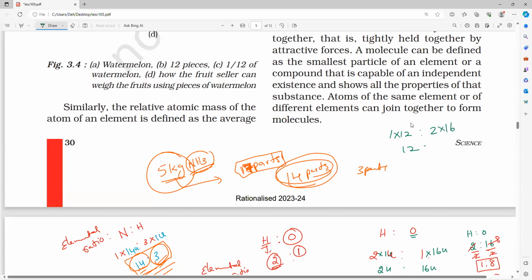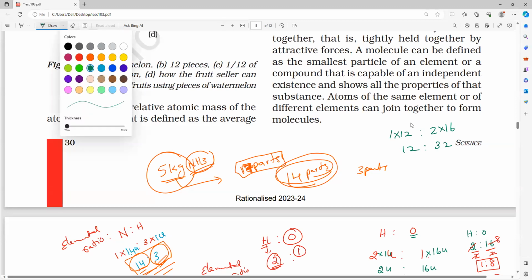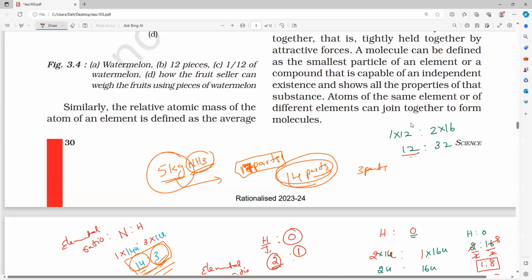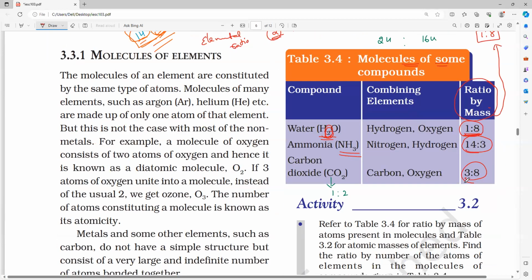So 12 is to 32. Both are even numbers, so we can bring it to the smallest ratio. Both can be divided by something. Dividing by 4: 4 ones are 4, 4 threes are 12, 4 eights are 32. So what is the simplest mass ratio? 3:8. Understand, everybody?